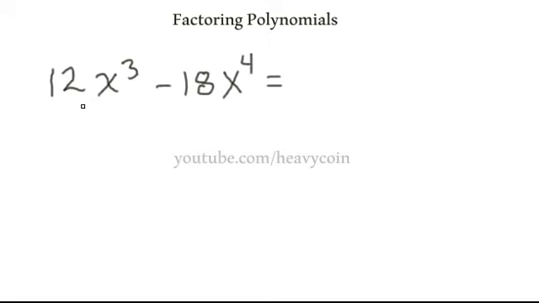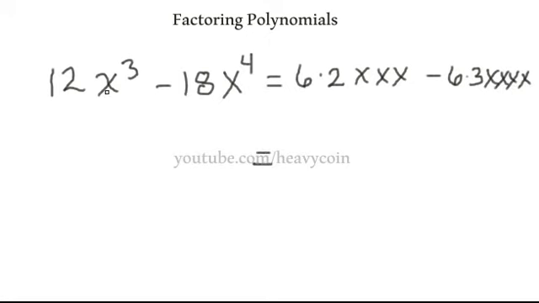Okay, so we can break this 12 up into, for example, 6 times 2, and that's 3 x's there, right? Minus, and then I'm going to go ahead and break that 18 up into 6 times 3. And of course we have 4 x's here.